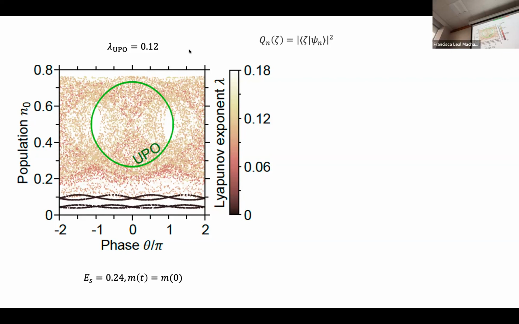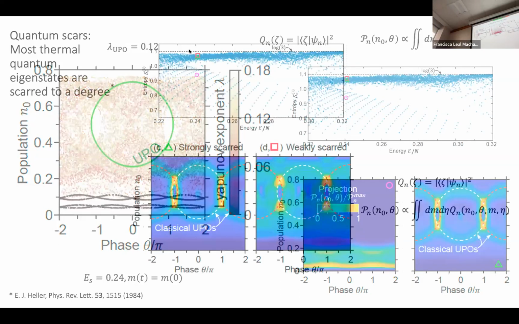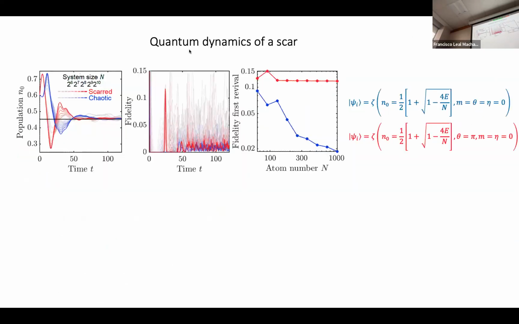Okay, so let me wrap up. I'm going to show you the scar dynamics. What we see is that the observable shows weak oscillations and thermalizes quickly, but the state fidelity shows a robust first revival.